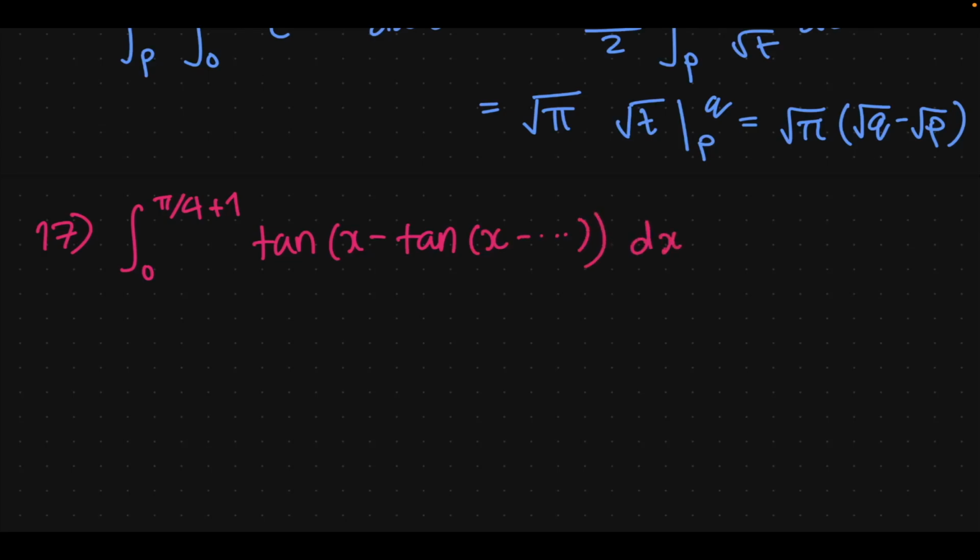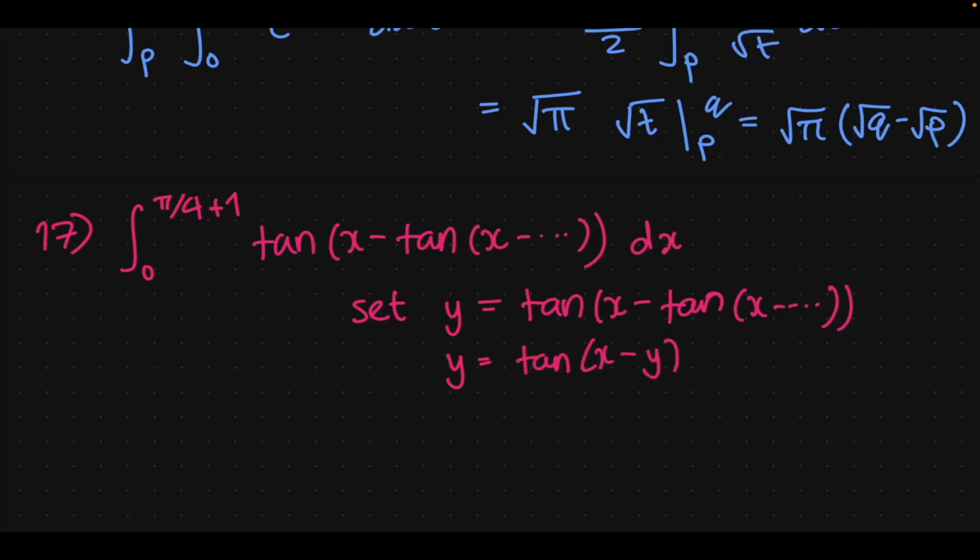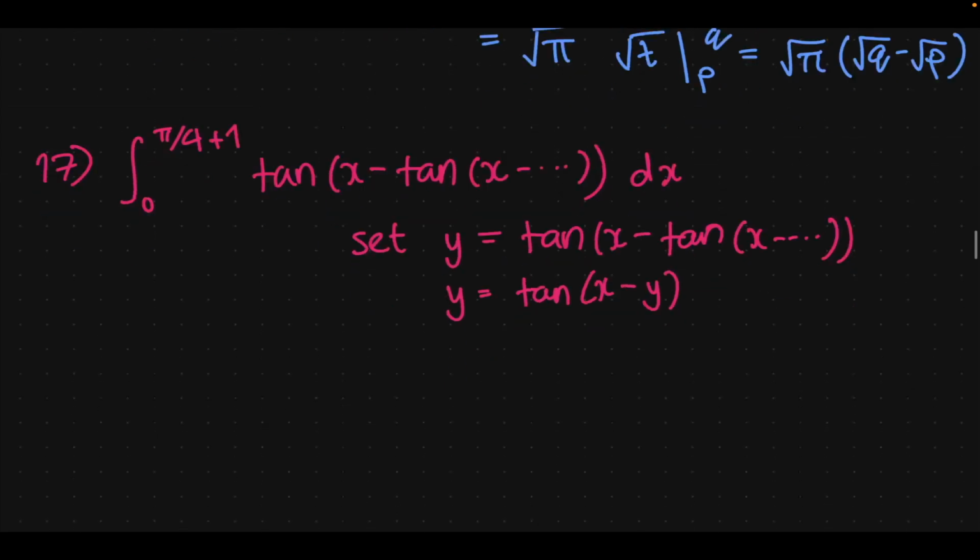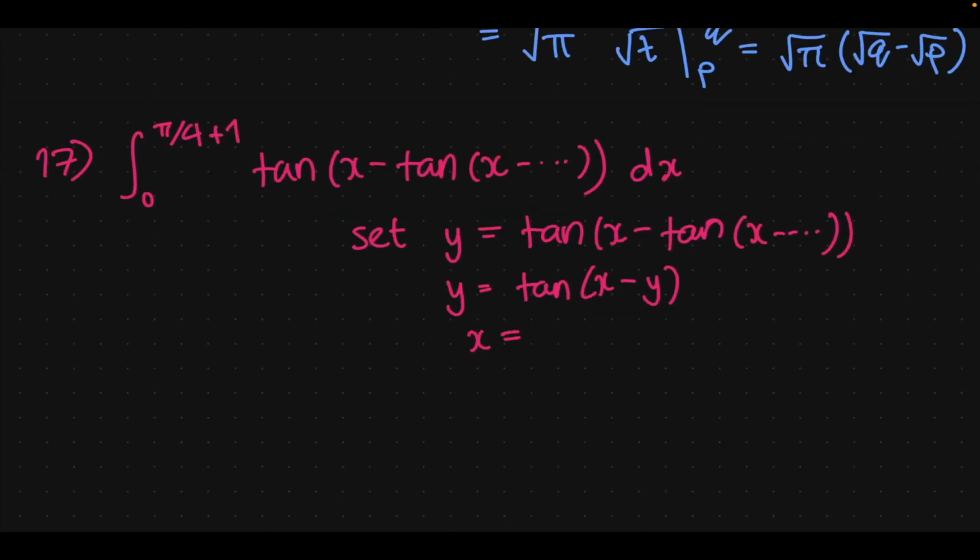When we have functions like these, the first thing to do is to set y to be the integrand, that infinite composition of functions. Notice that y is just tan of (x minus y), because we see that infinite pattern again inside. And again, so x is just arctan of y plus y.